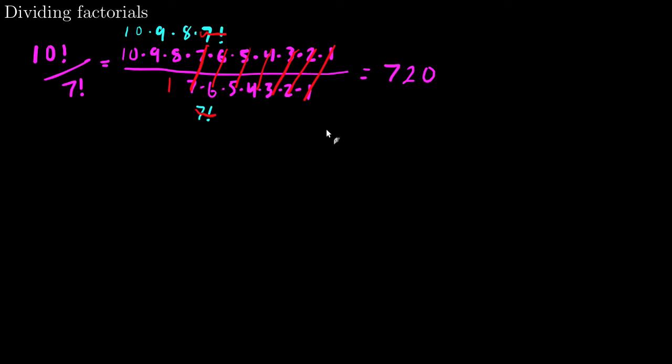Now another thing that can happen, so this is with numbers, and this type of work will be done quite a lot, but I could also do this with algebraic expressions. So I could have something like this.